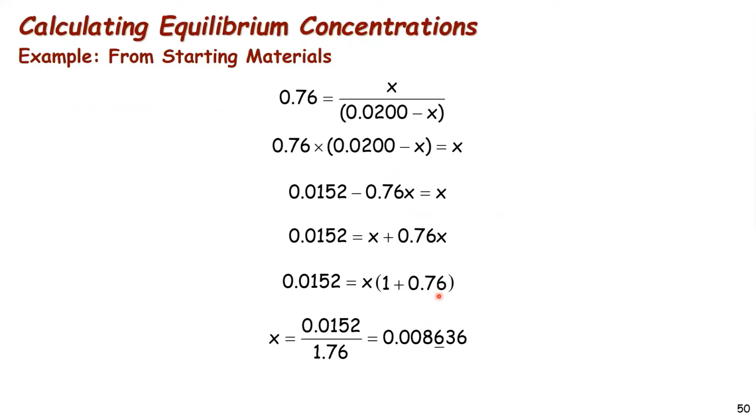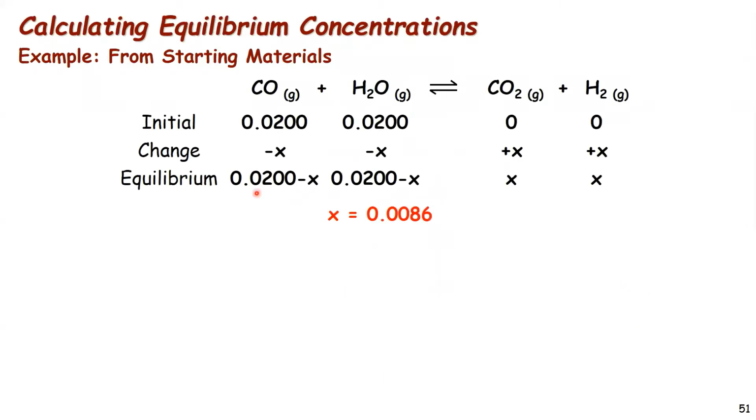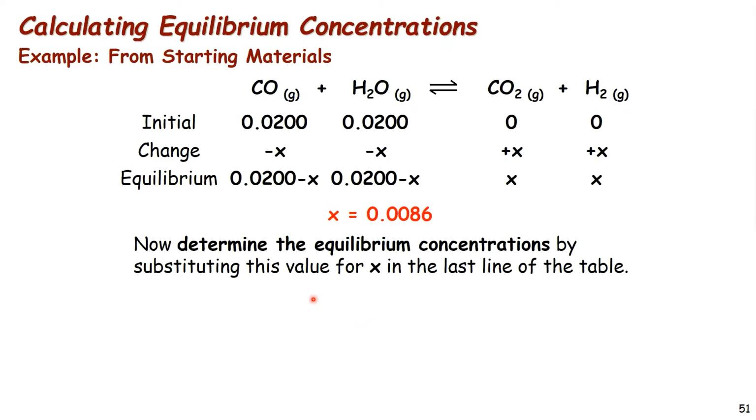I'll divide both sides by 1.76, and that tells me that x is then 0.0086. Now that I have x, I can plug that into the equilibrium concentrations in the ICE table and find out the equilibrium concentrations of both my reactants and products.